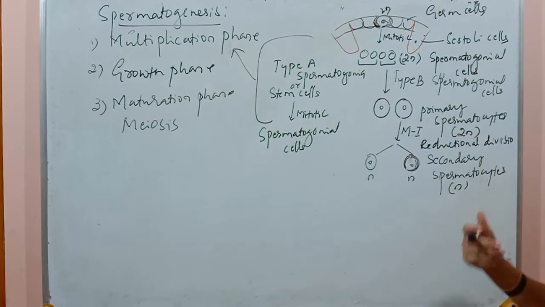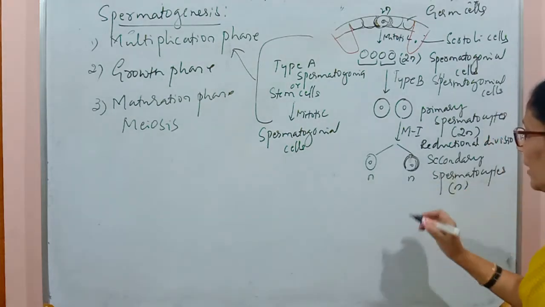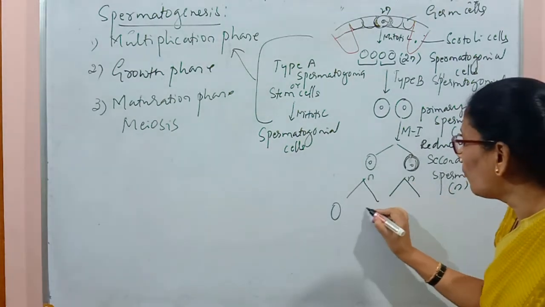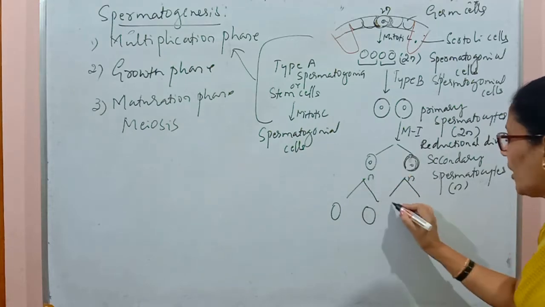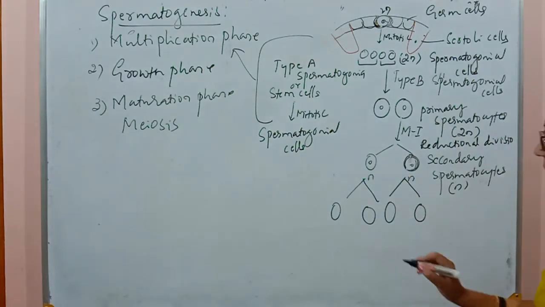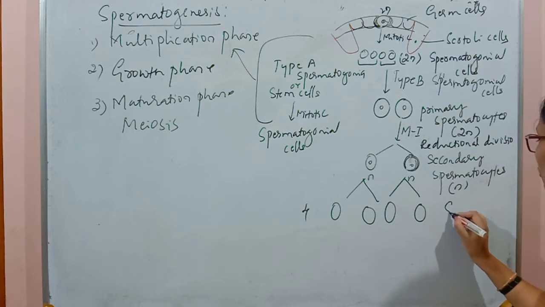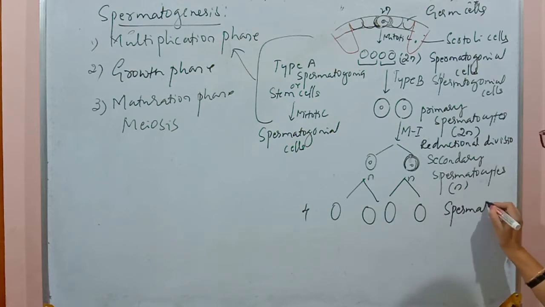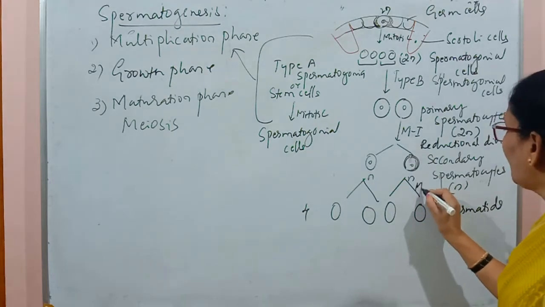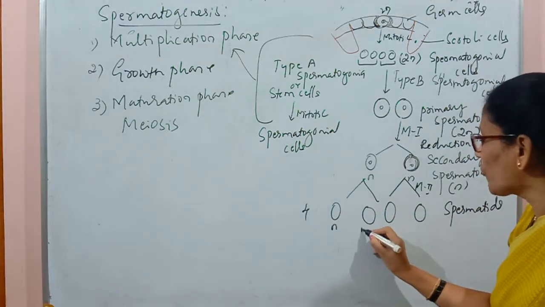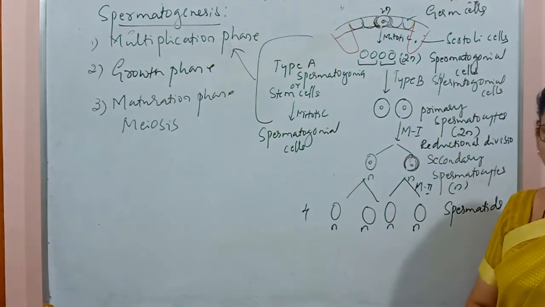Next, the second meiotic division. The second meiotic division takes place in these two daughter cells, and they produce four cells, two cells from each cell. So altogether four daughter cells are formed from the parental cells, and these daughter cells are called spermatids. This division is called meiosis 2, and all these cells are haploid.